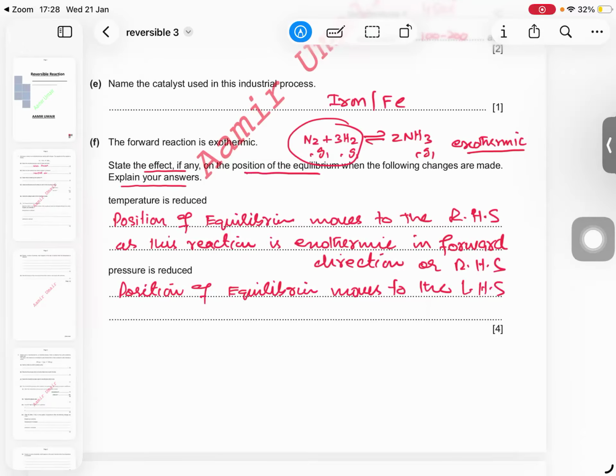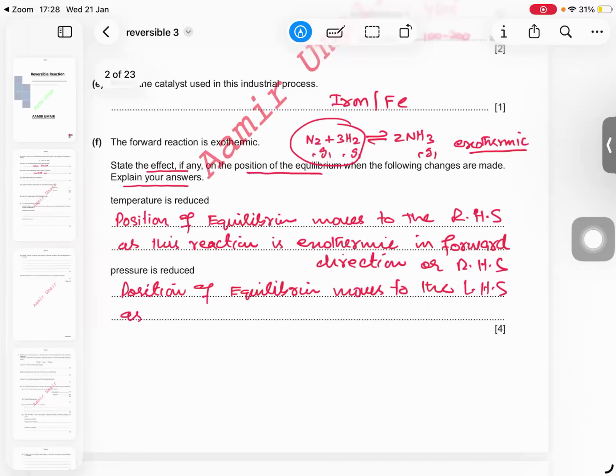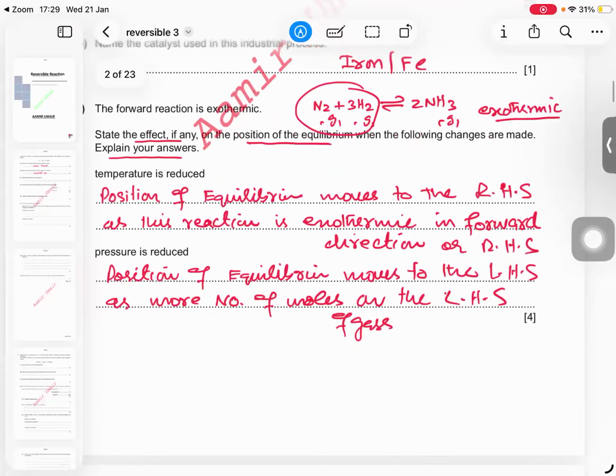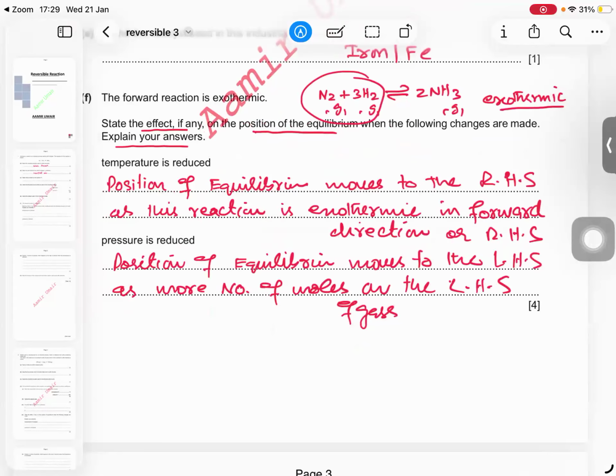You have to explain, as there are more moles of gases on the left hand side. There are more number of moles on the left hand side, hence it moves to the left hand side. Everyone, please, you have to write the answers in your notebook. Next.